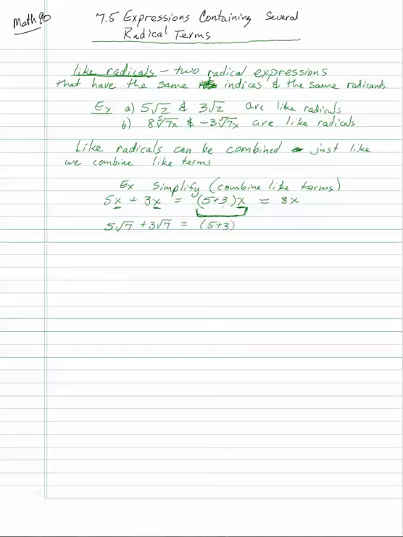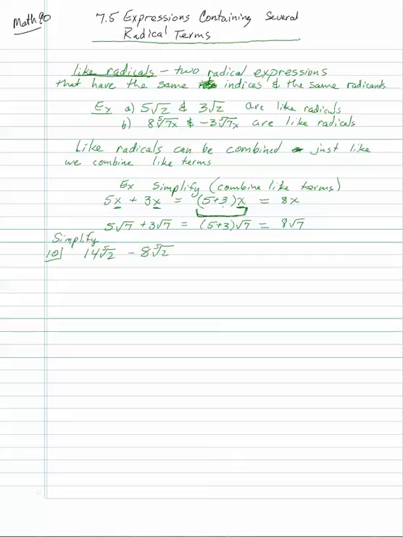Both terms have that square root of 7, so if we're using the distributive property, you can factor it out, and then you just add the numbers in front, 5 plus 3, and that's 8 square root of 7. So it's the same idea as combining like terms, combining like radicals. If the radical portion is identical, then you just add the numbers in front.